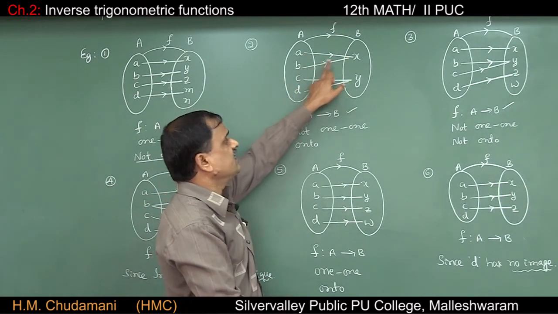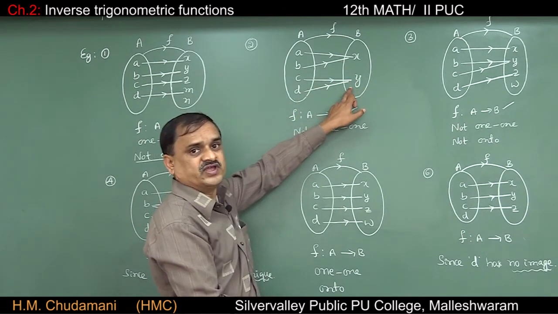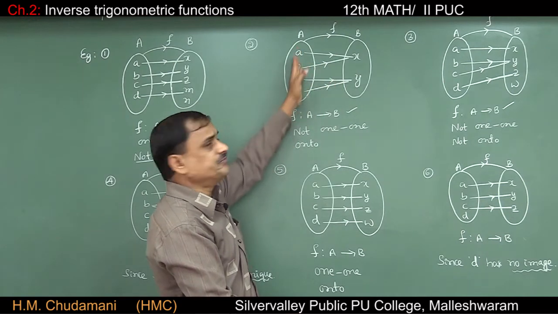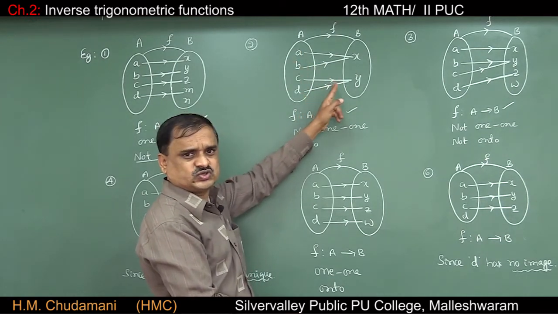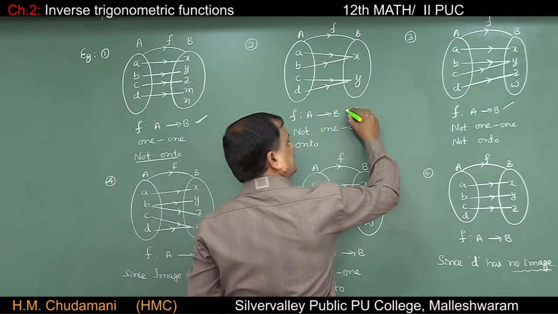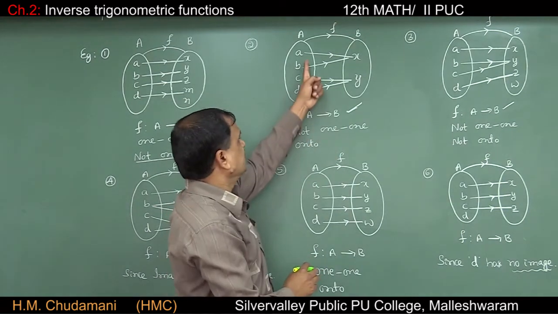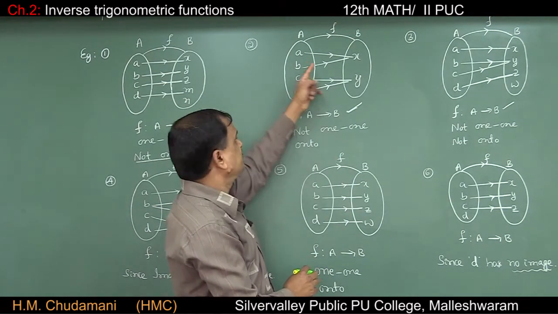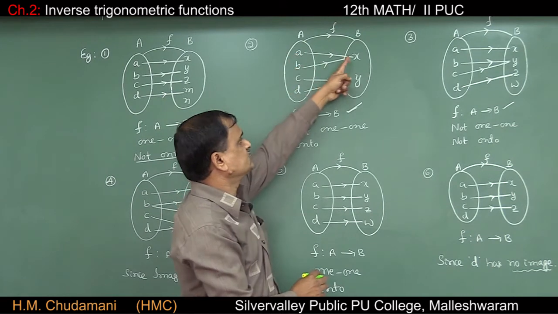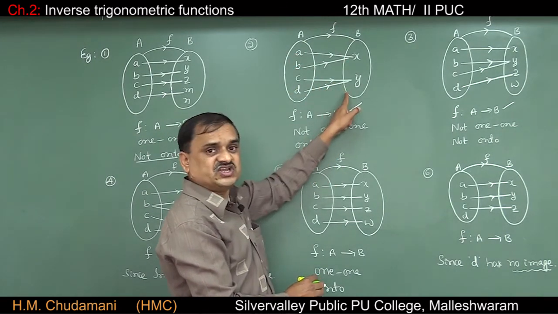Take example 2. The set A consists of a, b, c, d and B has x, y. a and b are associated to x, c and d are associated to y. Clearly, every element of the set A is associated to a unique element of the set B. That's why f from A to B is a function. But it is not one-one. a and b are both associated to x, so not one-one, whereas it is onto.